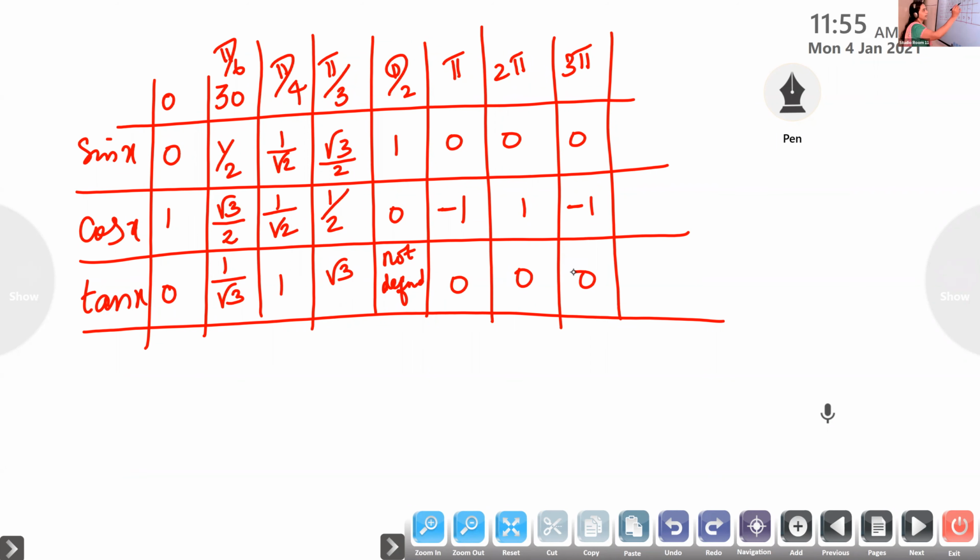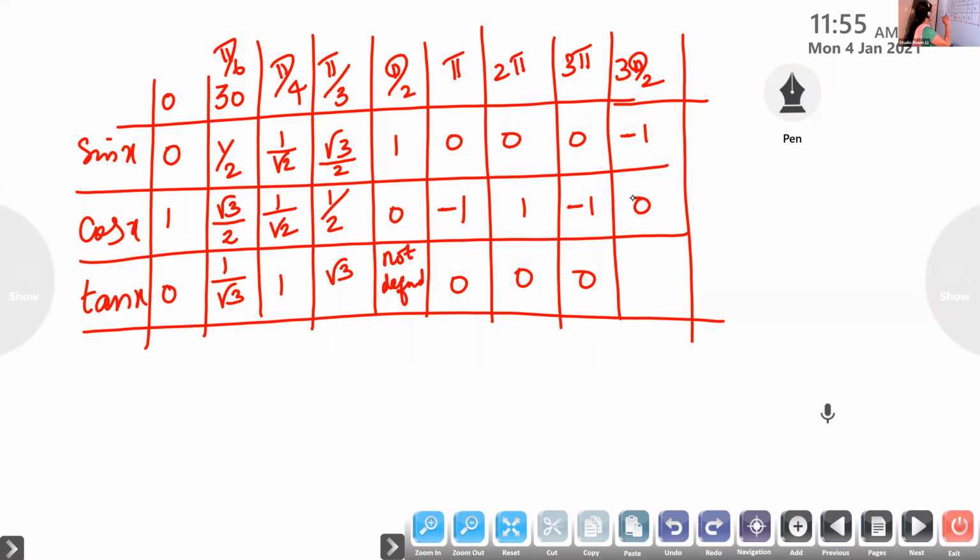The same way, 270, 3 pi by 2. Sine 270 will be -1. Cos 270 is 0.